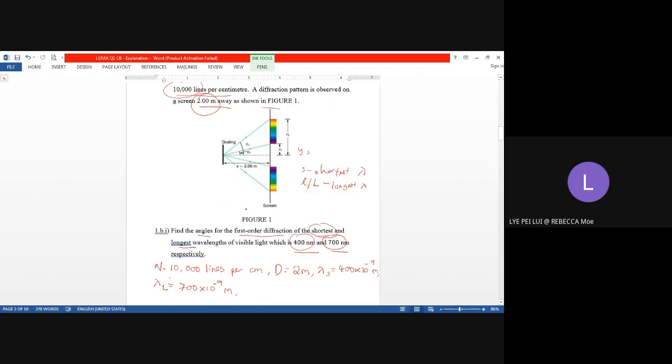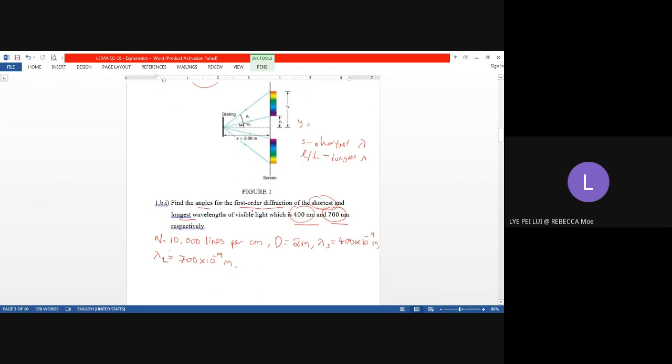Before we determine the theta, we have to determine the d. If I draw here, let's say this one is my grating.